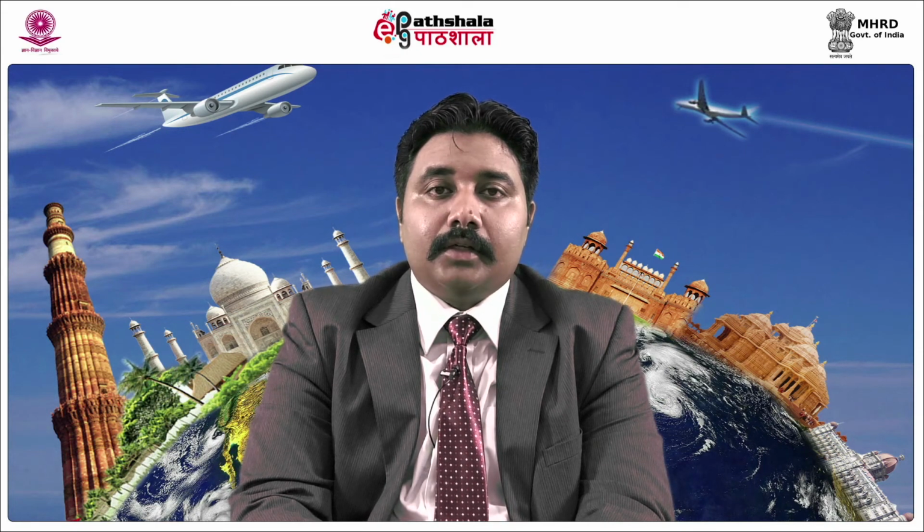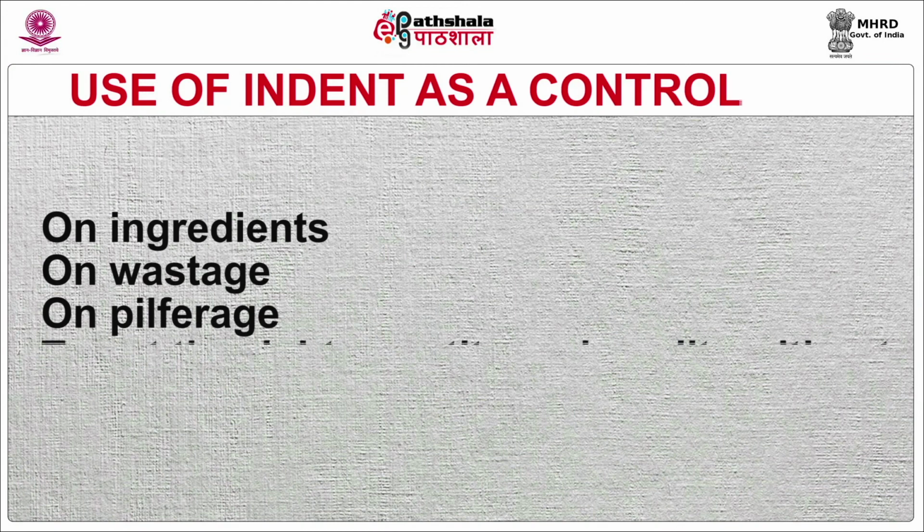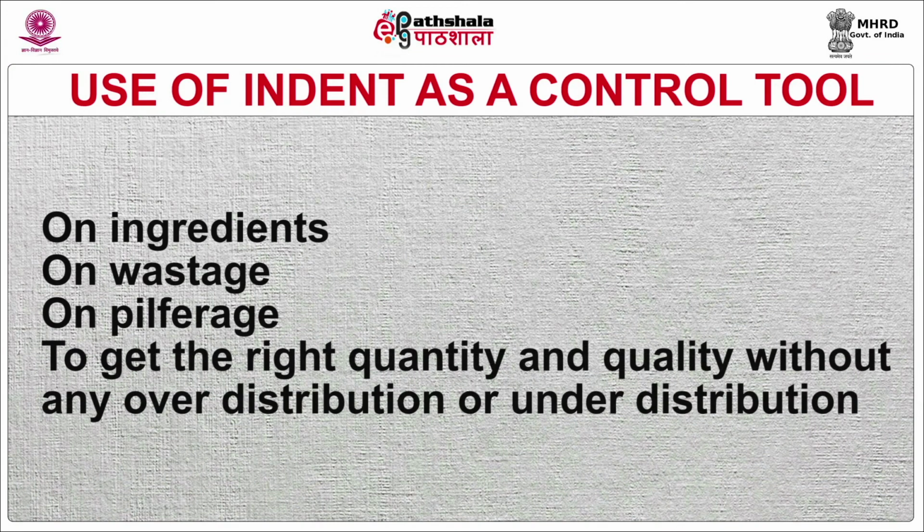Through this form, the stores have to supply the ingredients entered in the indent sheet. Apart from this, it acts as one of the documents to keep control on ingredients, on wastage, on pilferage, and to get the right quantity and quality without any over distribution or under distribution.